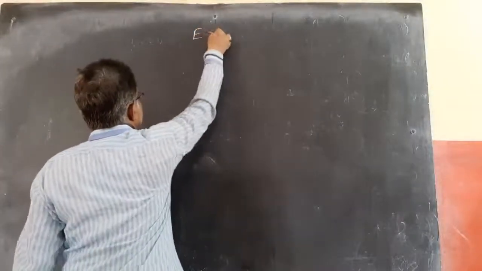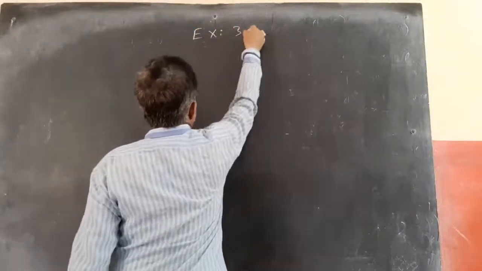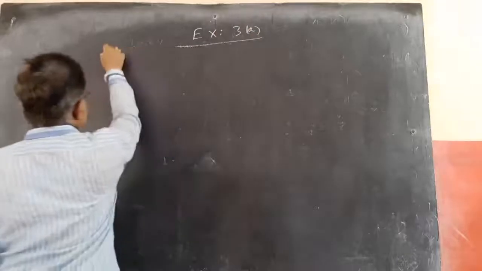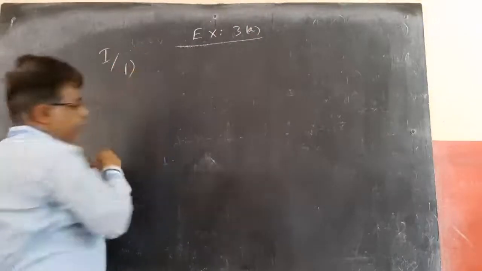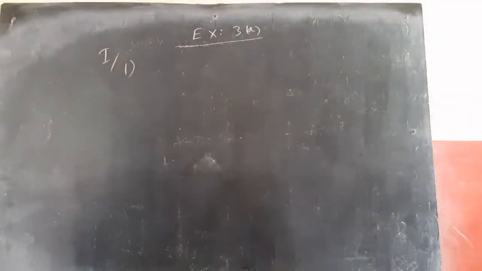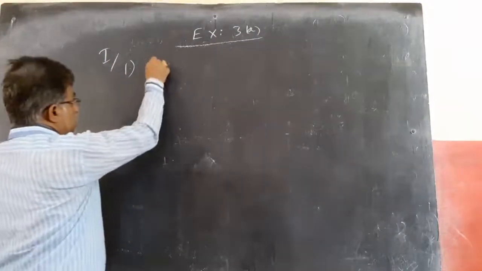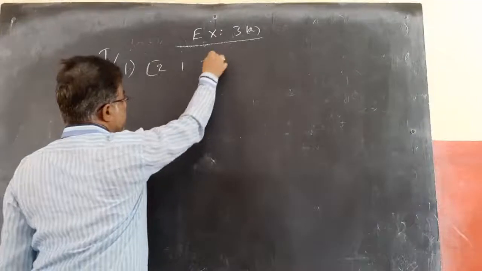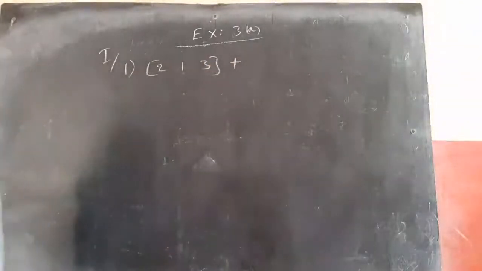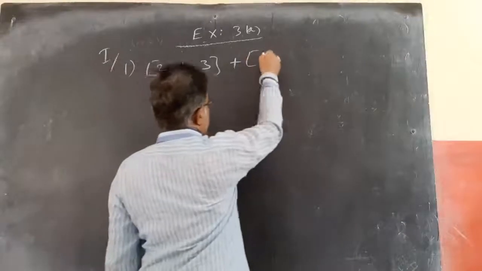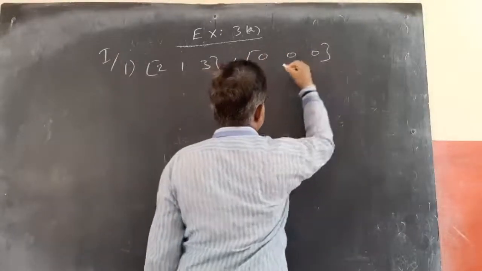Exercise 3A. First Roman first sum. 2 1 3 plus 0 0 0.